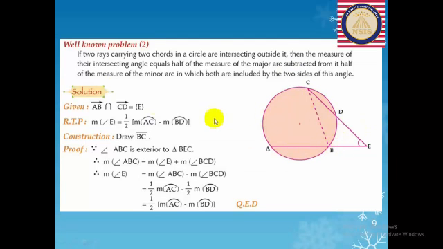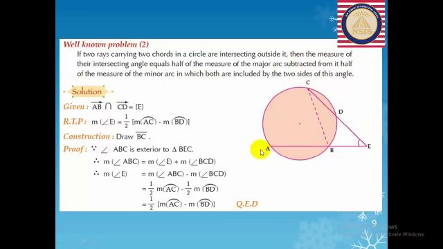So if two rays carry two chords, here this is a chord and this is a chord, and they are intersecting outside the circle in E, then the measure of their intersecting angle equals half the measure of the major arc which is AC, subtracted from it half the measure of the minor arc. This is the minor arc, in which both are included by the two sides of this angle.